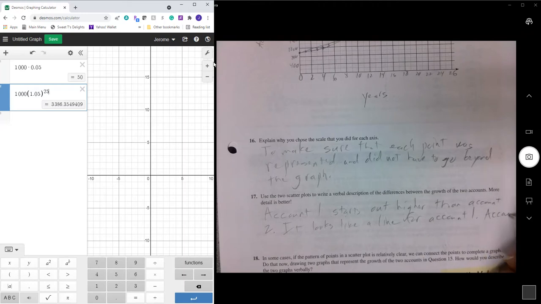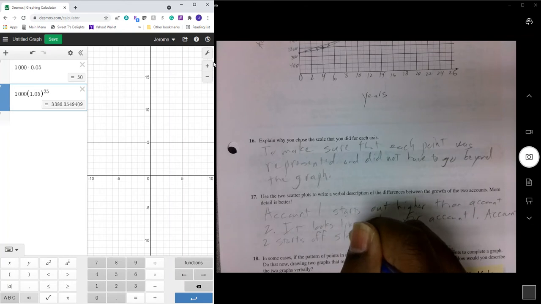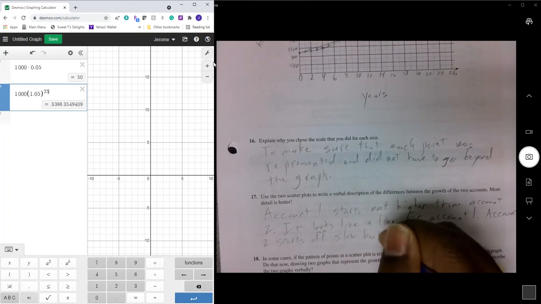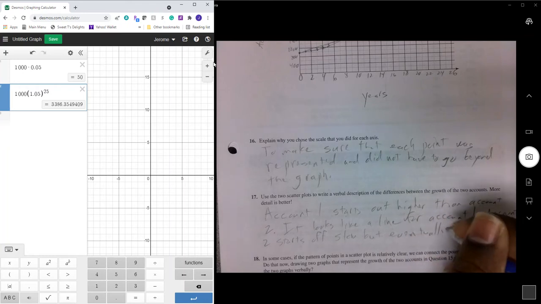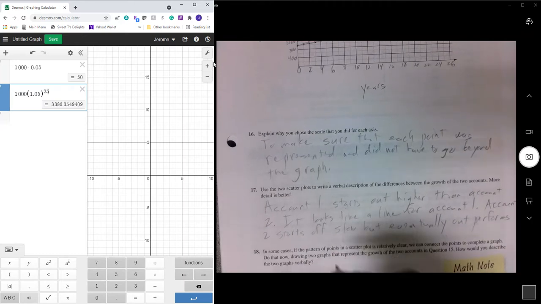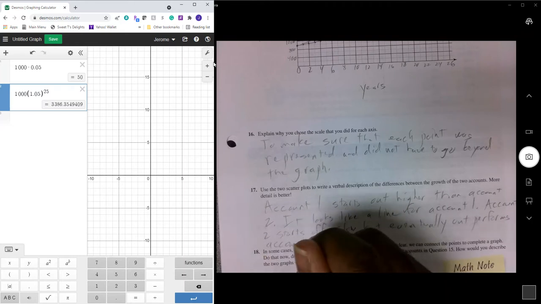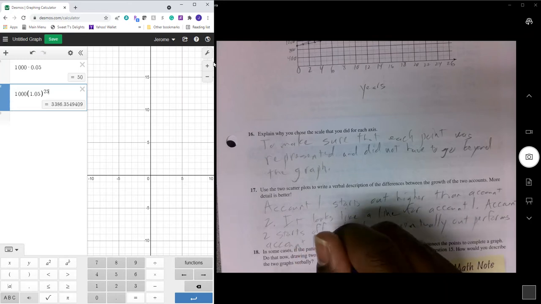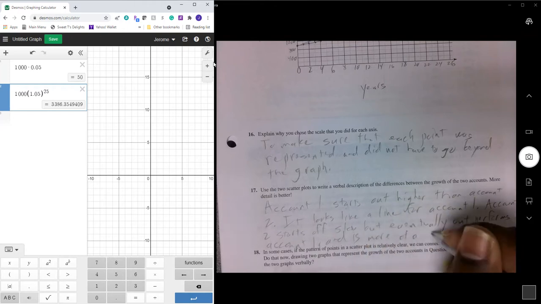Account 2 starts off slow, but eventually outperforms account 1, and is more of a curve.